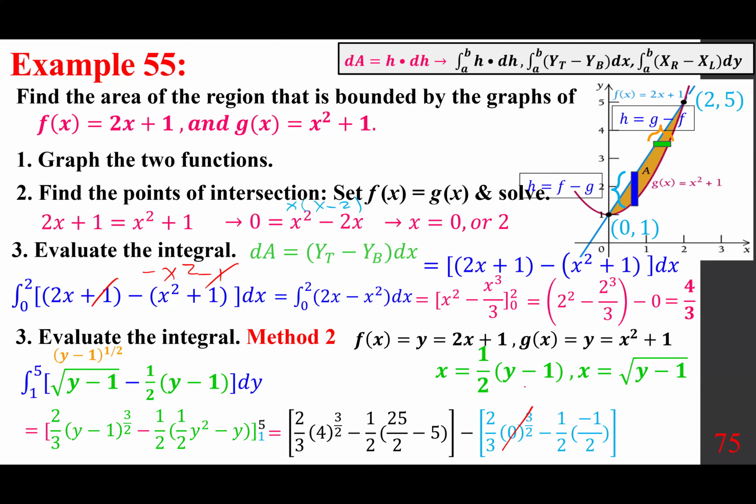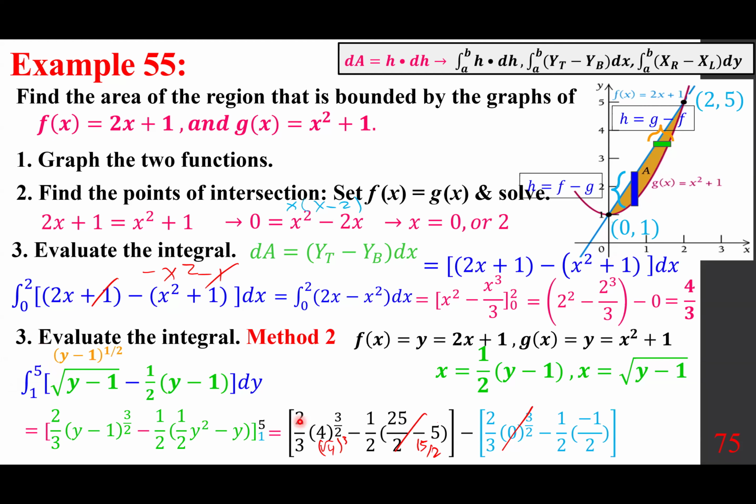Minus 1 half minus 1 half is 1/4. 4 to the power of 3 halves, that means square root of 4, 2, cubed, 8, times 2/3, 16/3. 25 halves minus 5 or 10 halves, this is 15 halves.